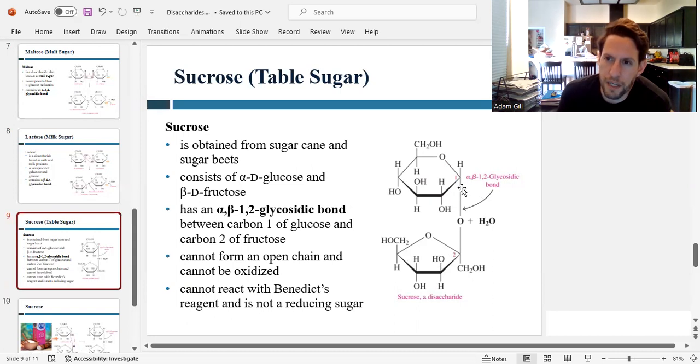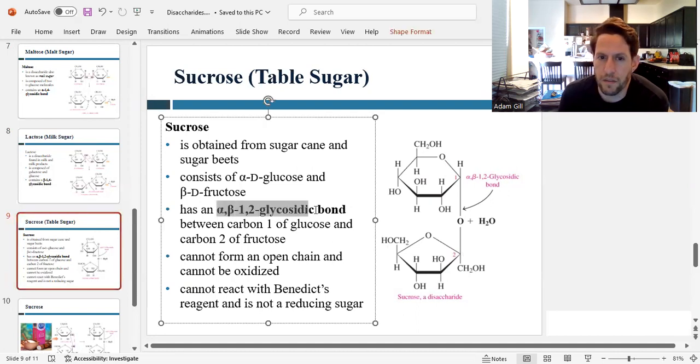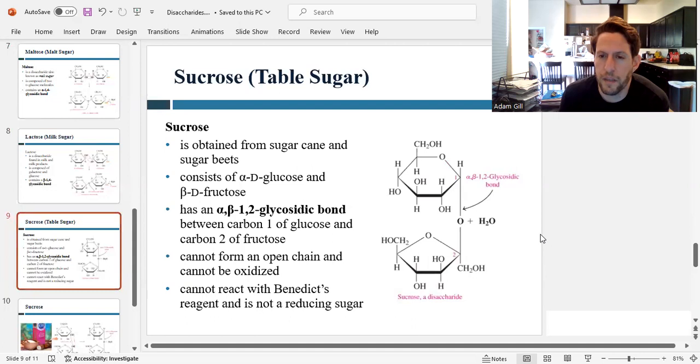And so because the bond is between both anomeric carbons, we have to specify whether each one is alpha or beta. And so it's alpha at carbon 1, beta at carbon 2. So we say it's an alpha beta 1,2 glycosidic bond. And so that type of glycosidic bond is unique to sucrose, alpha beta 1,2 glycosidic bond.